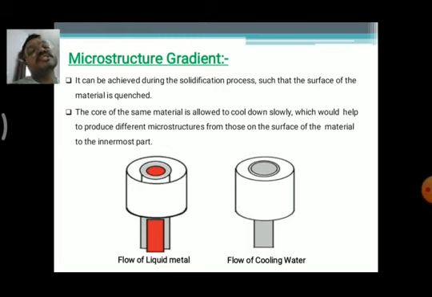At the recrystallization temperature also, heat is observed in the molten metal, and by quenching with water we can cool the surface. So these are the types of gradients which we observe in FGMs.